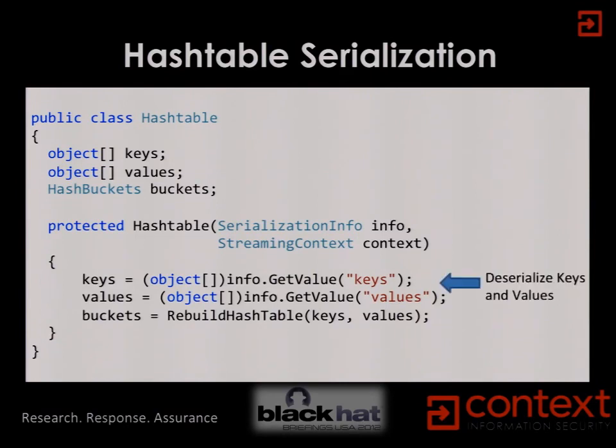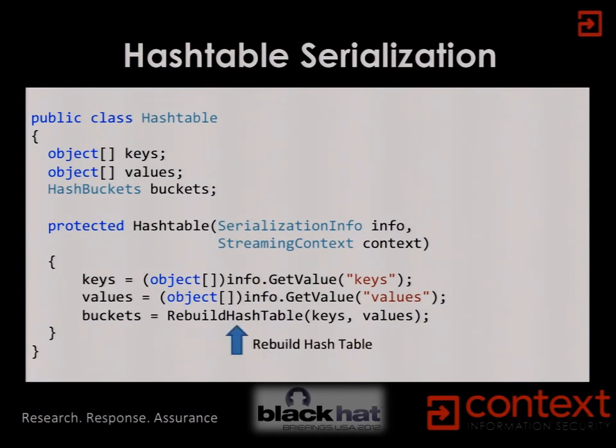And it serializes its keys and values, but it doesn't actually serialize its hash table, because due to the way in which it's implementing the hash function, it cannot guarantee that those values will match up when you, say, deserialize from a file at a later date or on a different machine or a different version of the framework. There's no actual guarantee to make sure that you're actually using the right thing.